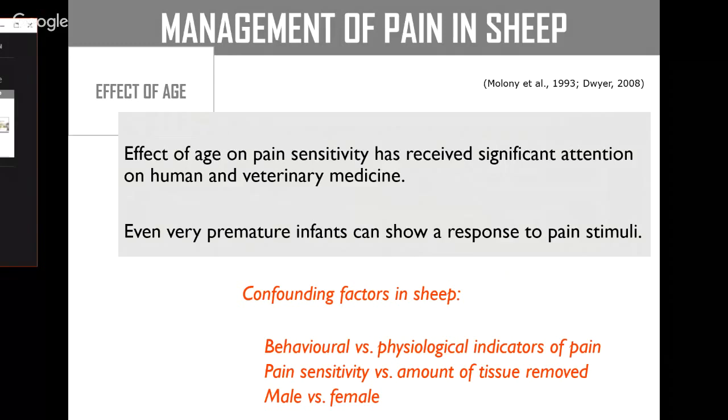An important issue is that even if we found that older animals seem to show a greater response, that could be due to higher pain sensitivity, but also simply to a higher amount of tissue being removed. And then the other thing is that male and female sheep may evolve differently as they age in terms of pain sensitivity.